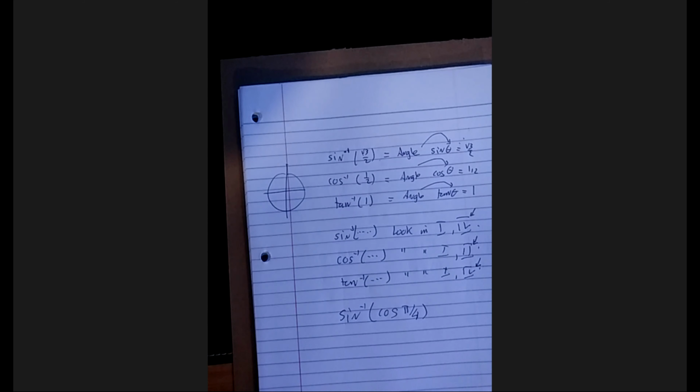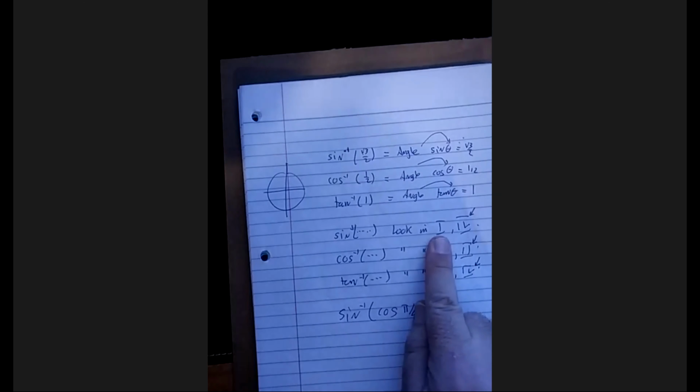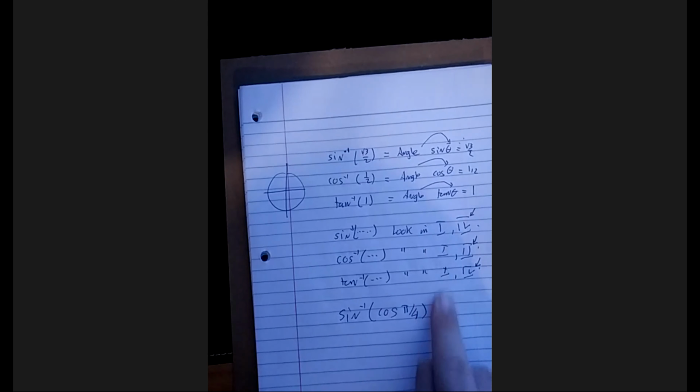Well, is it positive? Yes. So where do you look? You'd either be in the first or the fourth, you said. Yes, but you only look in one of them. So which one do you look at? Oh, it would be pi over 3, right? Because, yes, it's in the first quadrant.